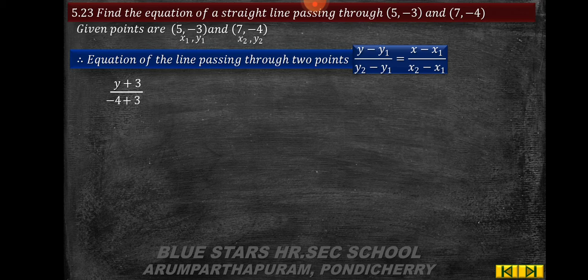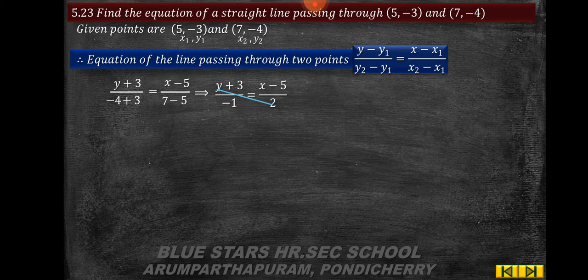So again minus into minus, y plus 3, is equal to x minus x1 value 5, divided by x2 value 7 minus 5, which implies (y plus 3) divided by (minus 4 plus 3 is minus 1), which is equal to (x minus 5) divided by (7 minus 5 is 2).